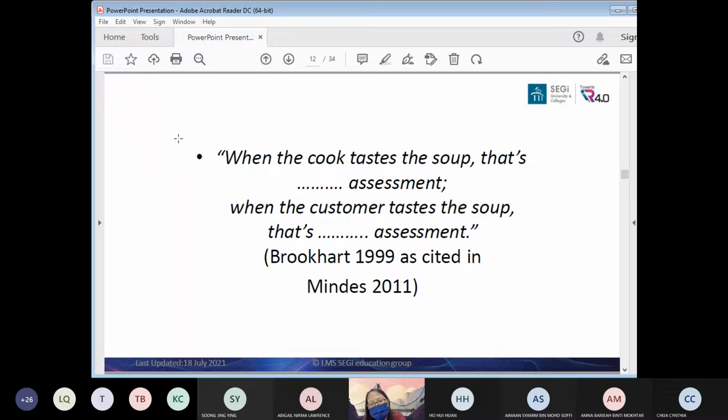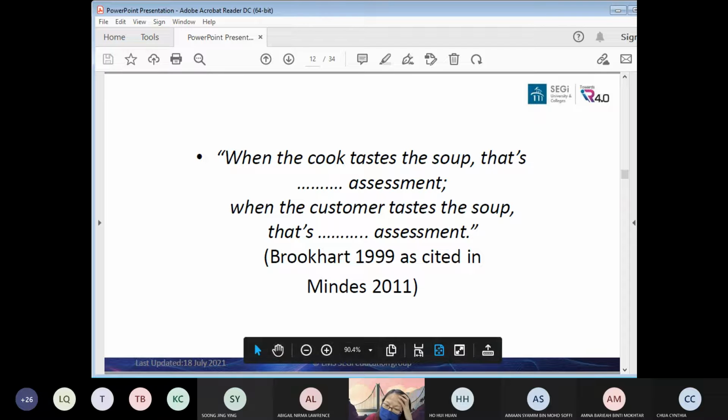Okay, this one tells you what assessment is all about. When the cook tastes the soup, that's assessment. When the customer tastes the soup, that's assessment. When your mother cooks and you taste the soup, that is what? Assessment, right?